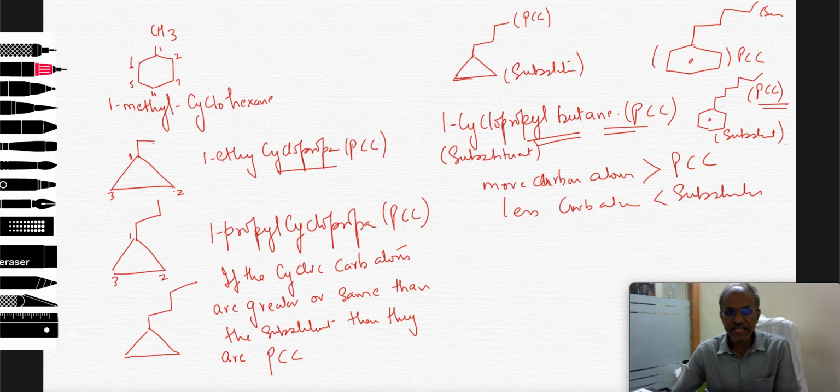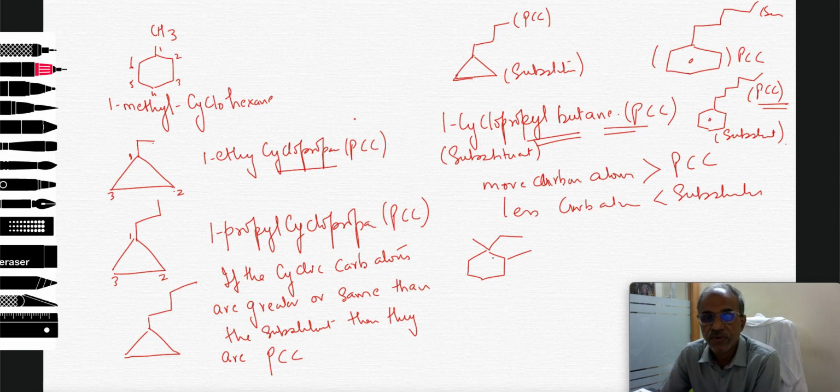Now we'll take a last example of this case. Suppose it is this. Now, the naming: since here there is branching, 2 branches are there. Branching has to be given the first preference, but here there are 2 branches. So this is 1, this is 2, 3, 4, 5, 6. We can't go 1, 2, 3, 4, 5 and 6. Here because the second branching is immediately here, the numbering has to go there.